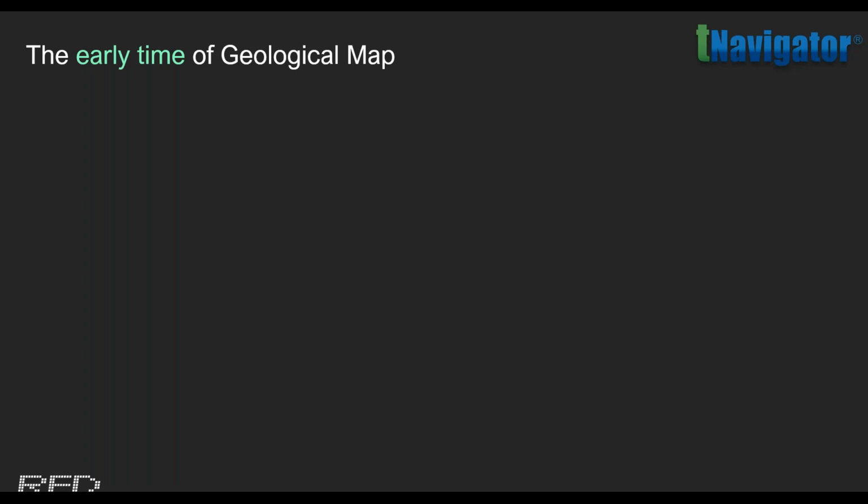And of course, back in the days when we didn't have the technology, all these maps were manually drawn or sketched on hard copy paper, right? And then later on, once the technology was found, it came into a digital version. So the early map is always a hand sketch, drawn based on the observation from the field.